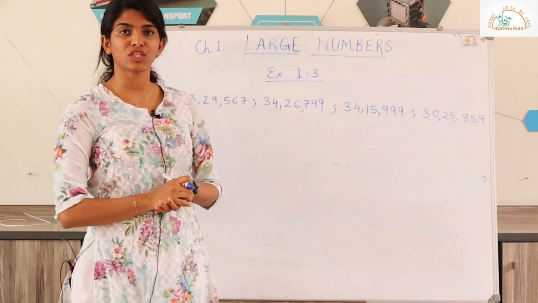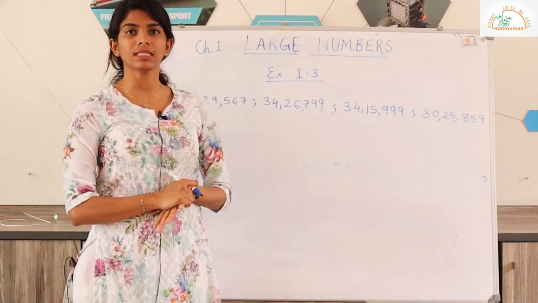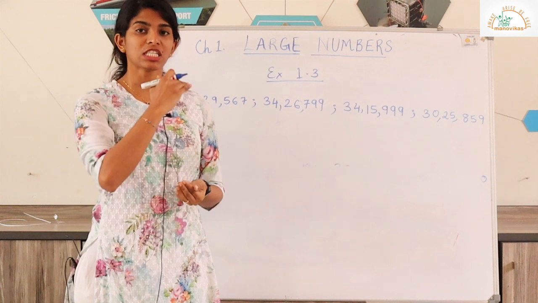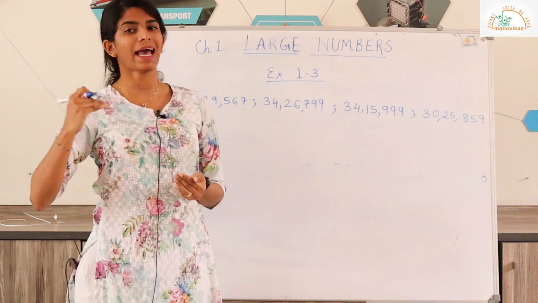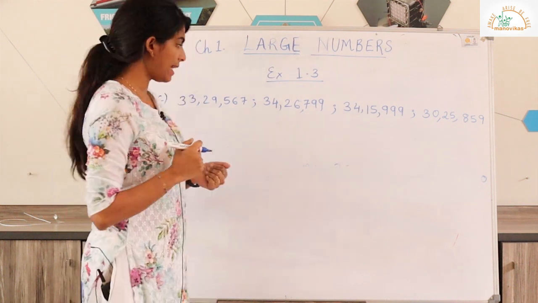I have written the question here. Let's arrange it in descending order. So first we have to write the bigger number, then a little smaller, smaller, and then the smallest number. Let's see how to do it.